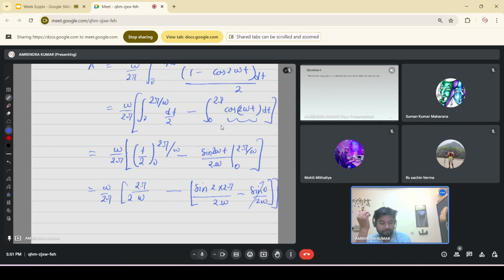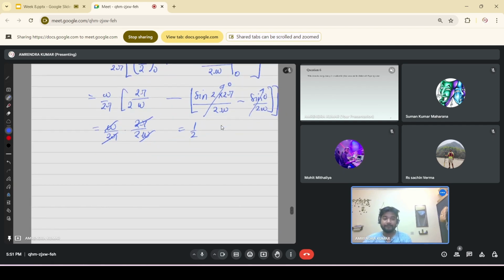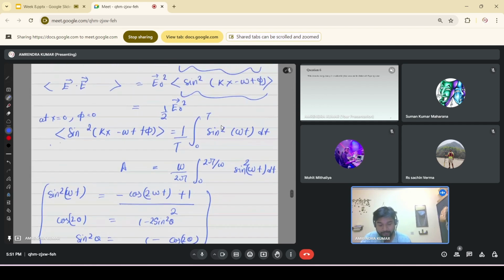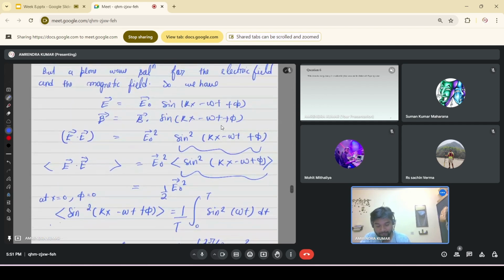So that is 0, and sine 4 pi is also 0. What you are left with is omega over 2 pi into 2 pi by 2 omega. So it comes out to be 1 by 2.